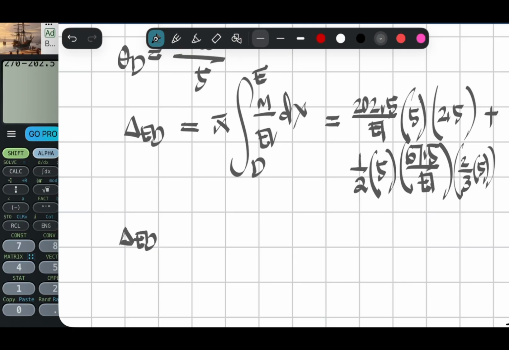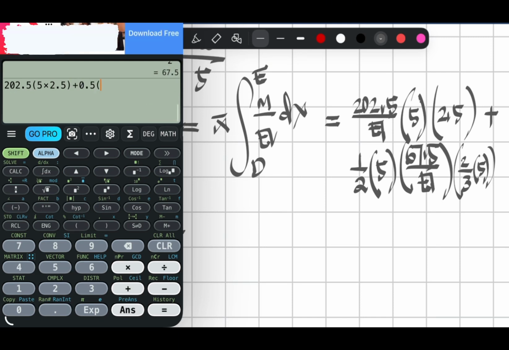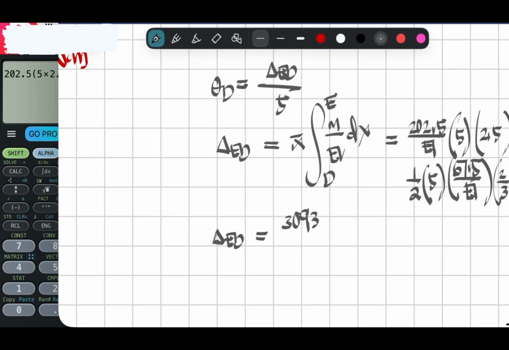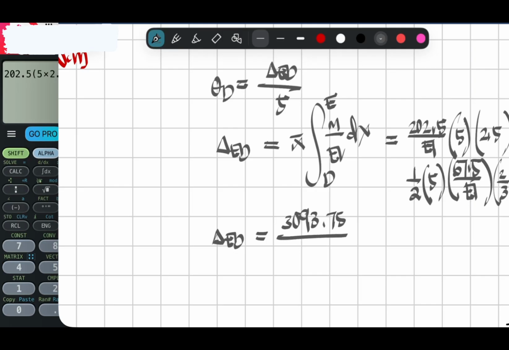So delta ED is equal to 202.5 times 5 times 2.5 plus 0.5 times 5 times 67.5 times 10/3. The answer is 3093.75 over EI.